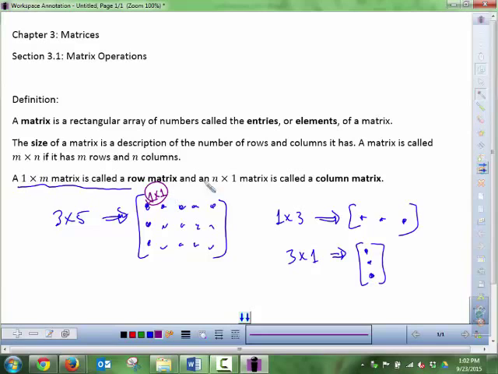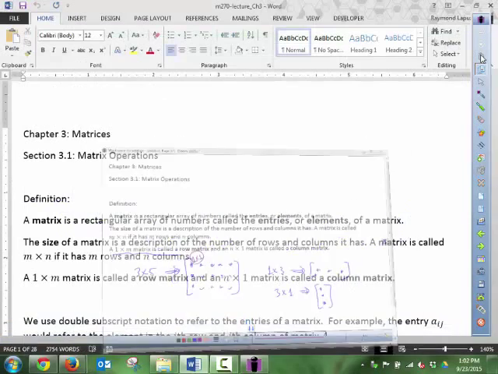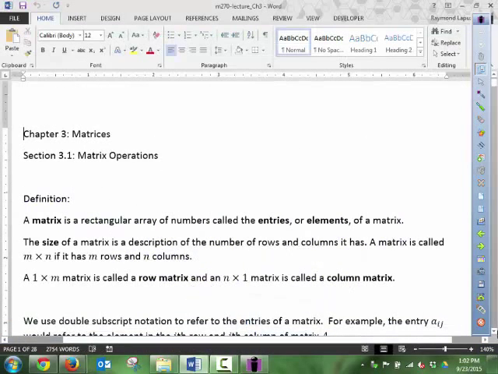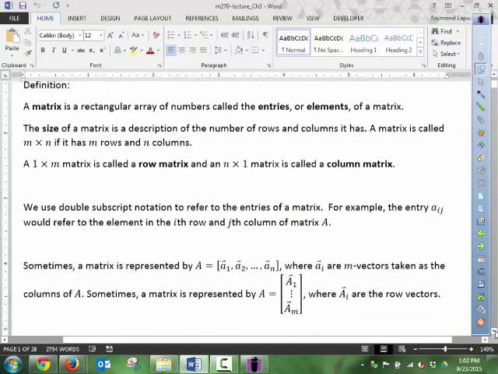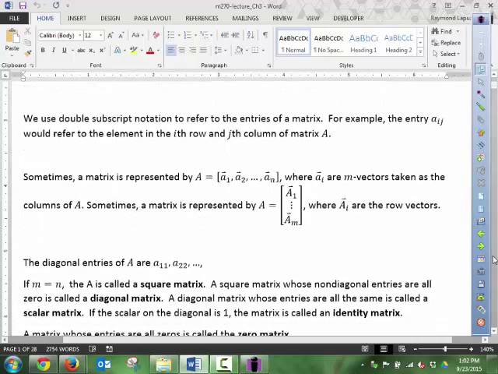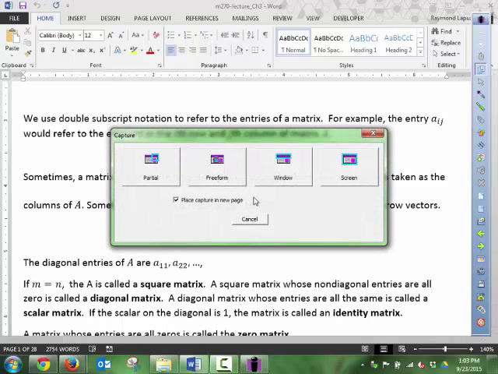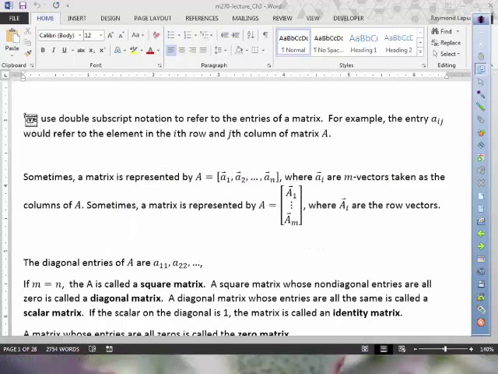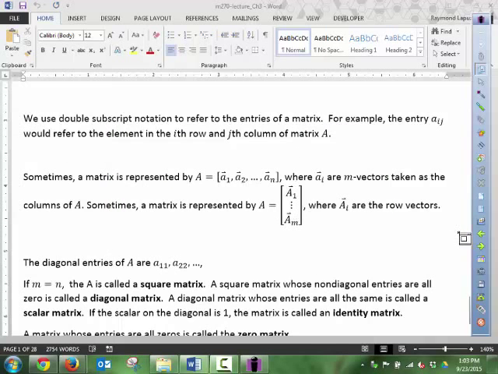It might be important to access the elements or entries in a matrix. You've seen a little bit of this in the last worksheet.